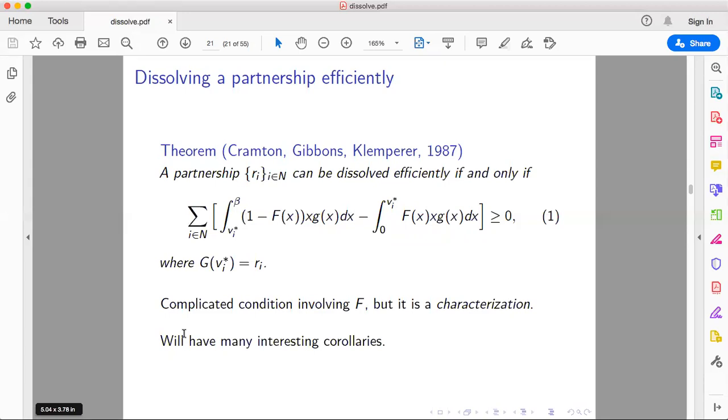It's a single inequality, and you can basically find out. Okay. More importantly, later in the lecture, I'll show you many interesting corollaries which we can get by using this condition. Okay, so that's where the power of this characterization will come into force.